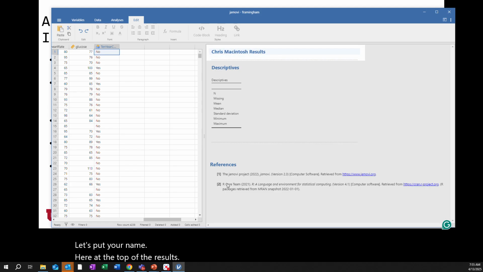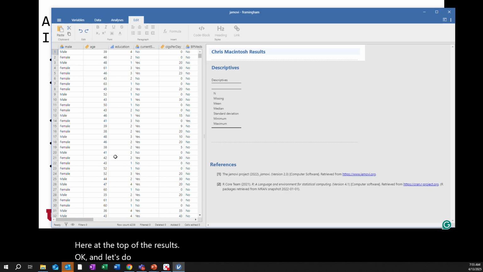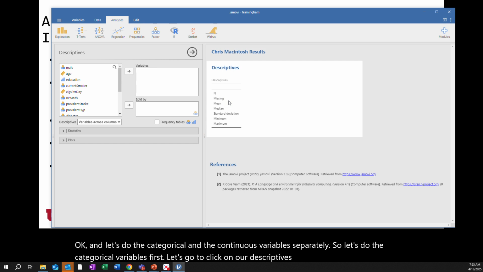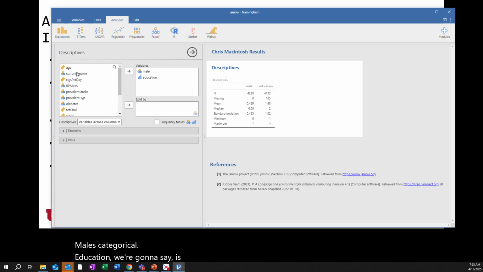Okay, and let's do the categorical and the continuous variables separately. So let's do the categorical variables first. Let's click on our descriptives here, and males categorical. Education, we're going to say is categorical.